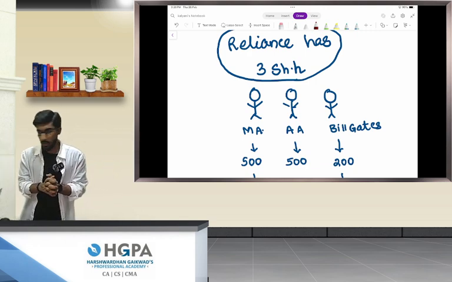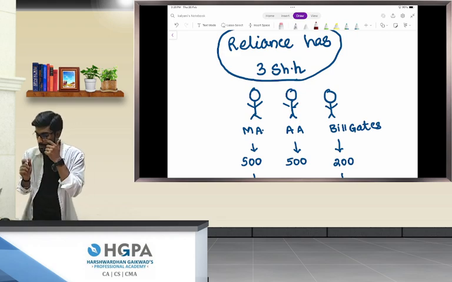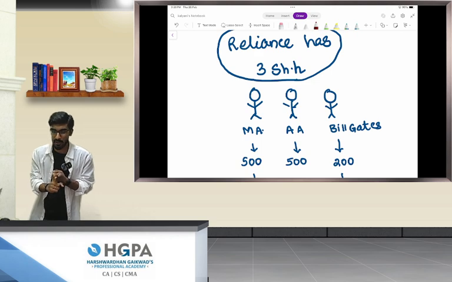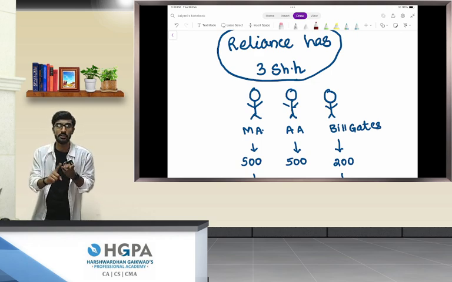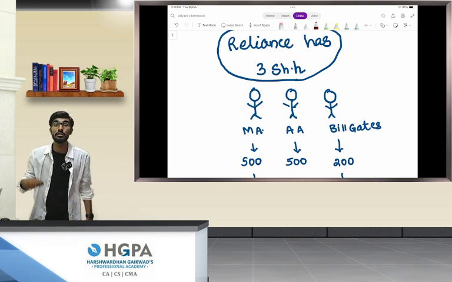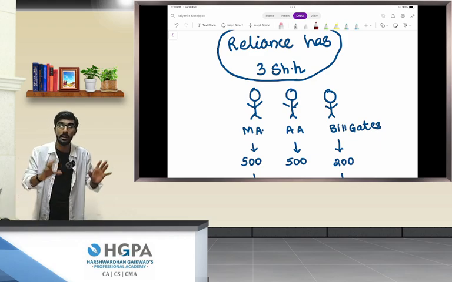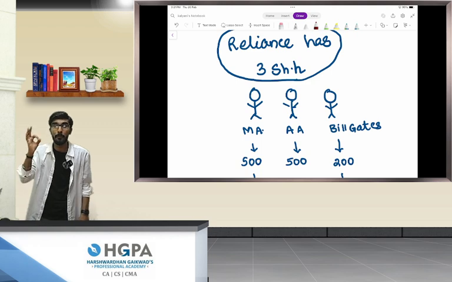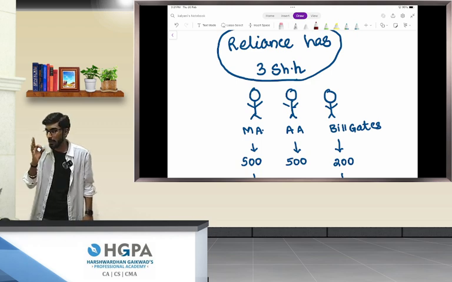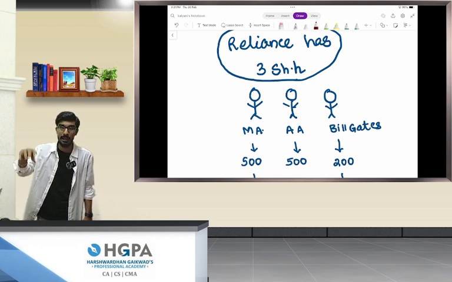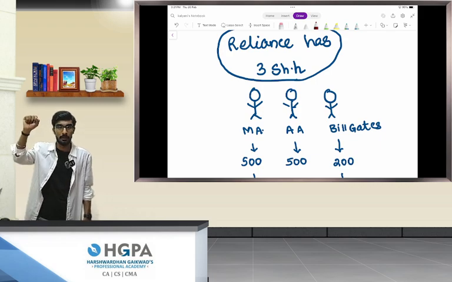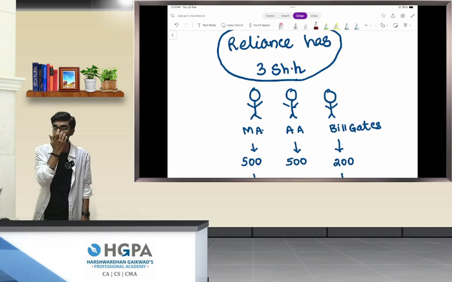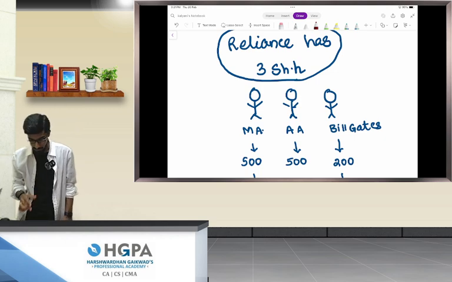Clear? Now, again we will discuss. Mukesh Ambani has got 500 shares. Anant Ambani has got 500 shares. Bill Gates has got 200 shares. Bill Gates wants to sell his shares. Mukesh Ambani wants Reliance to be a public limited company, held with the public. He wants to list his shares on a stock exchange.